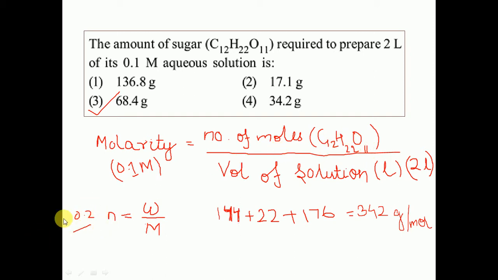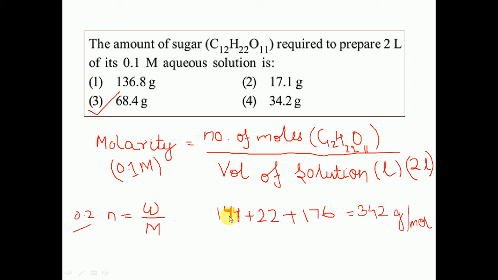After that we have to calculate the amount of sugar required from the equation. Number of moles is equal to the weight of the sugar required divided by the molar mass of the sugar. So we have to calculate the molar mass of the sugar also. The molar mass of the sugar will be 342 gram per mole.